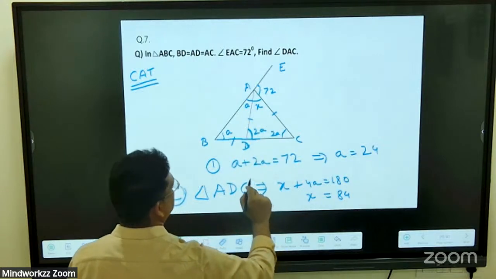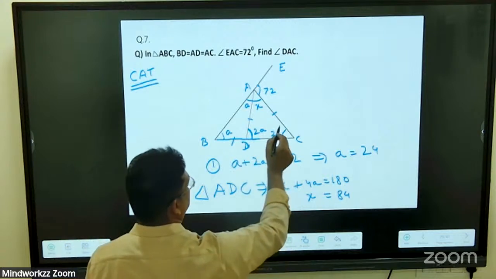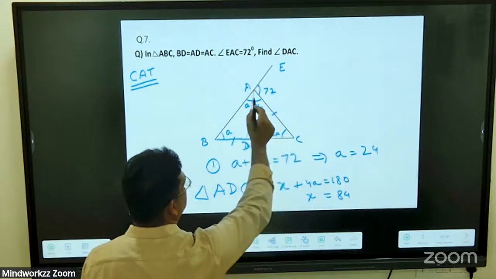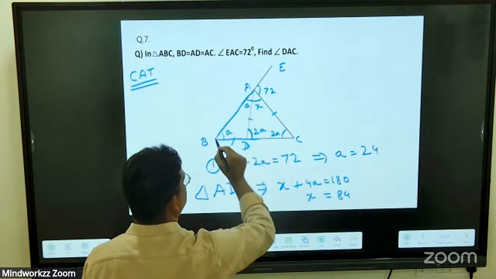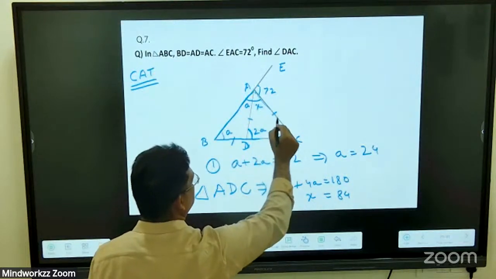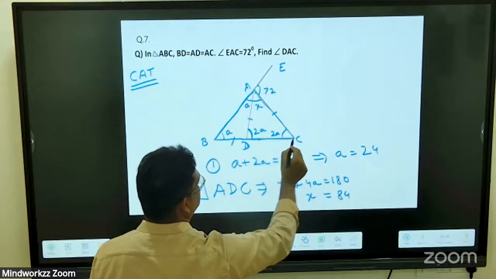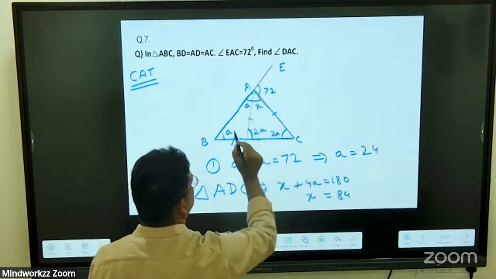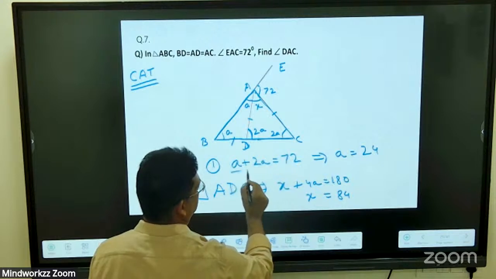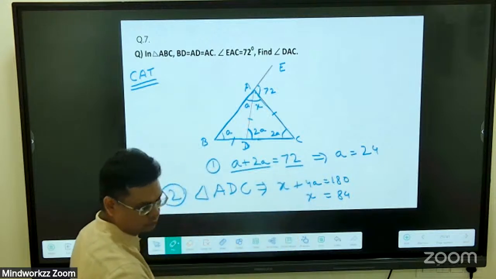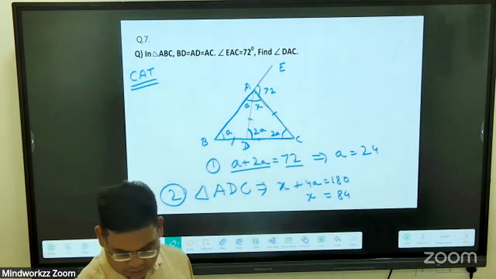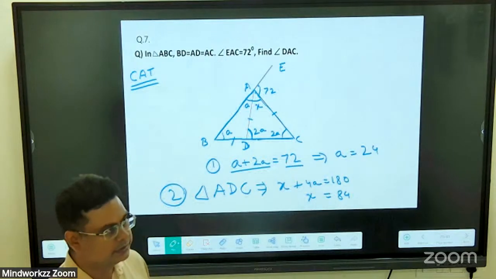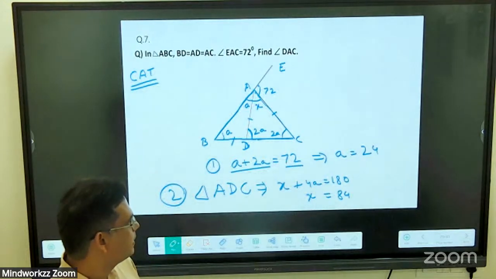And once you have identified the equal angles, take triangle ABC. In this triangle, this is an exterior angle, 72. So 72 will be equal to A plus 2A. A plus 2A is equal to 72. I hope you have got it, Jackie. So from here you will get A is equal to 24.